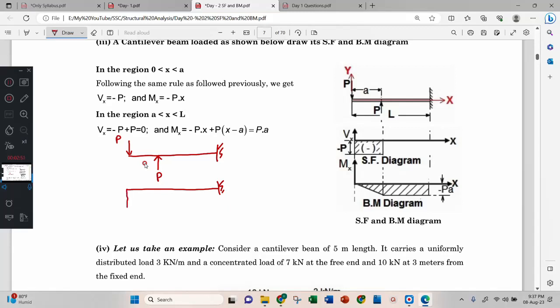Yes, come down. Then go straight. Then this arrow says go up. Over. This is your shear force diagram. SF. What is the value? P. And this is also P. Bending moment diagram is something like this and like this. This is PA and this is PA. This is 0.